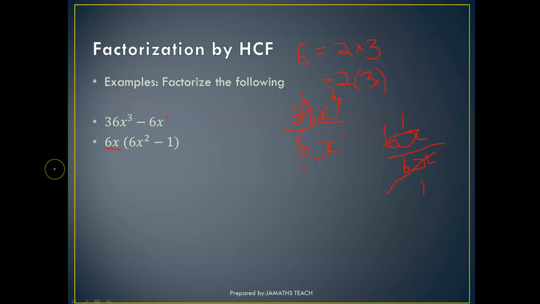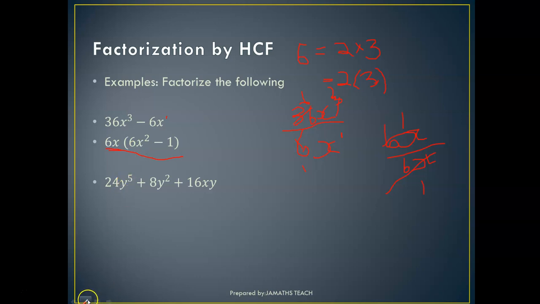So that is how we got our answer. And remember, the bracket means multiply, so it is now expressed as a product of its factors: 6x multiplied by 6x squared minus 1. That is our answer.